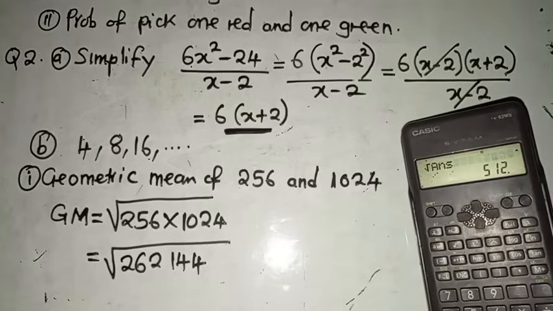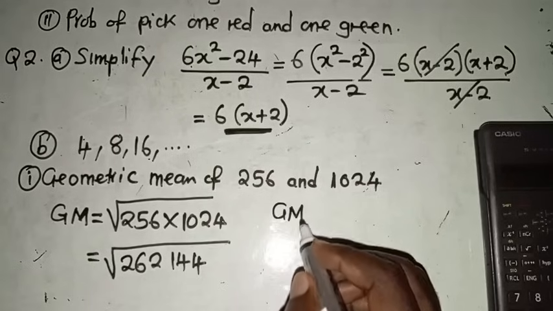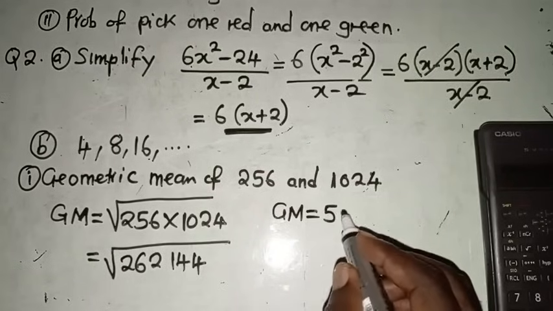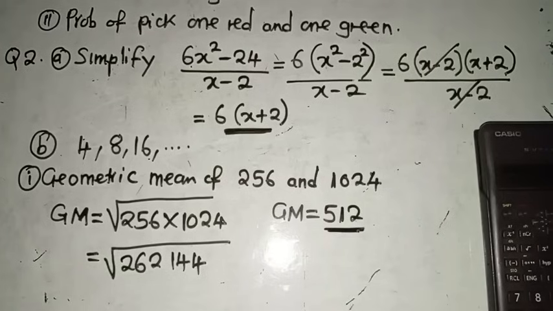So the geometric mean of that is equal to 512. This is what you need to get and understand. If you want to find the geometric mean, this is what you need to do.